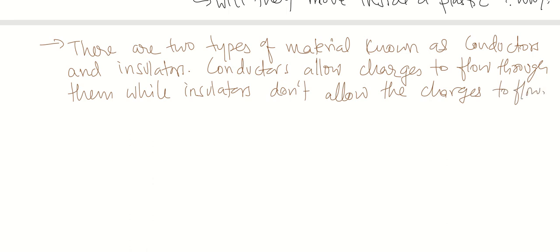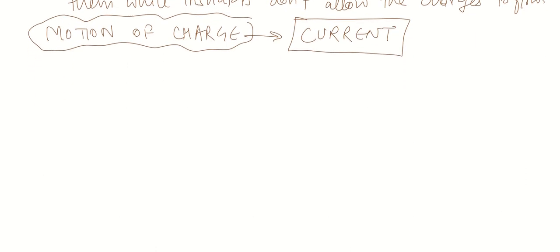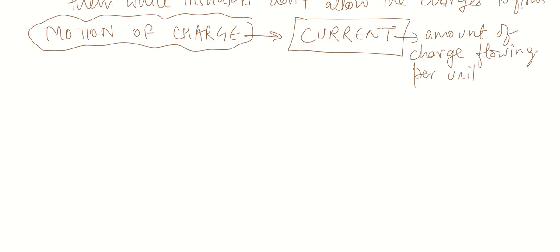Now this concept, the motion of charge, when the charge actually moves, is known as your current, and current is defined as the amount of charge flowing per unit time in a conductor.